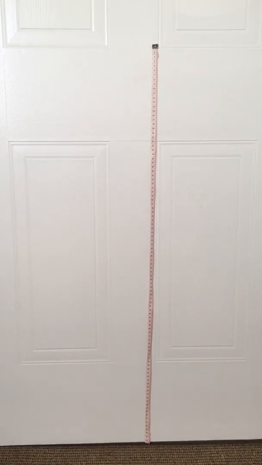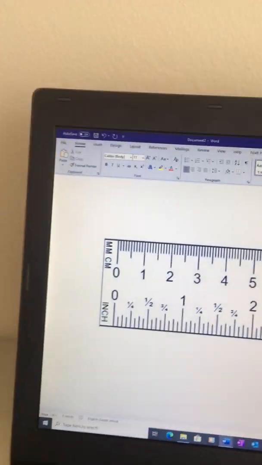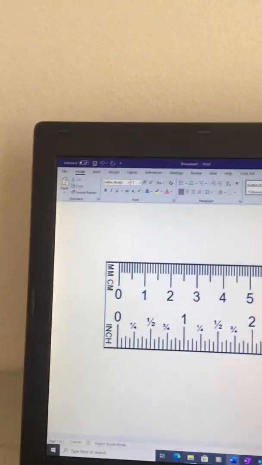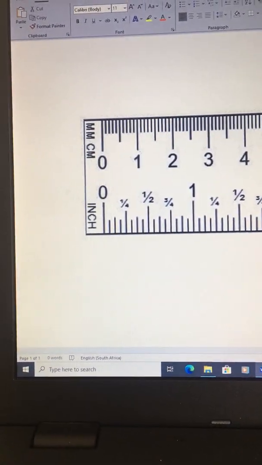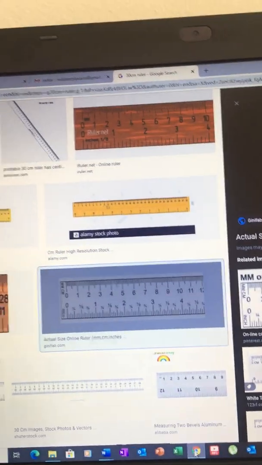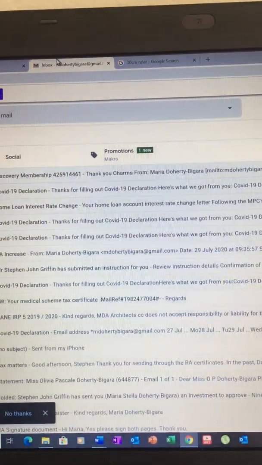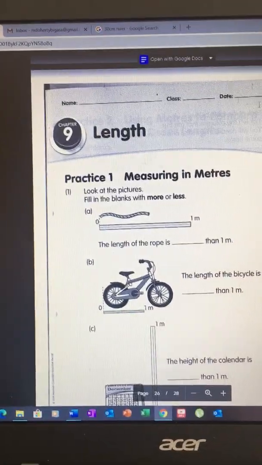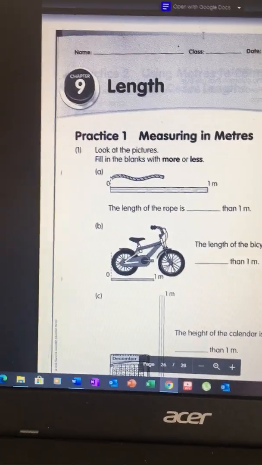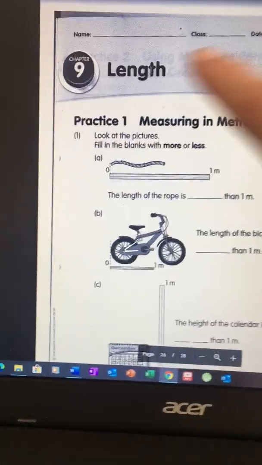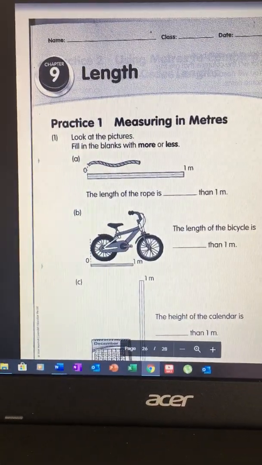Okay, so if we go back and have a look at our ruler again, if this ruler went all the way to 100, the ruler would be 1 meter long. Now what I'd like you to do is you're going to look at your worksheets. And when we use rulers and things to measure, we're talking about length, how long something is.